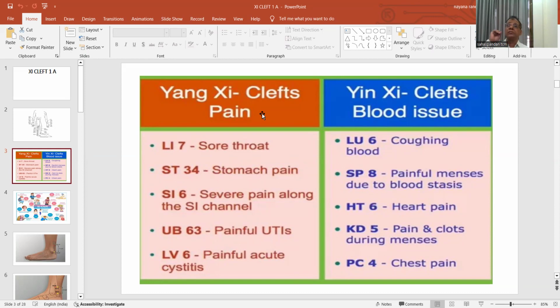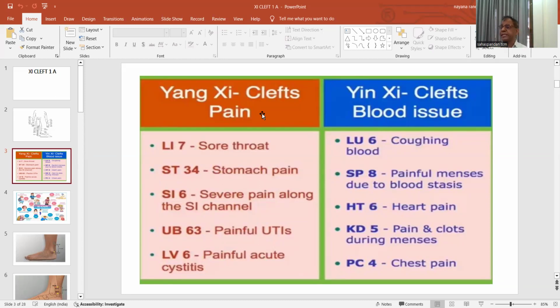And SI6 is for acute pain along the SI channel, whether it is frozen shoulder, elbow pain, or wrist pain, along the channel.